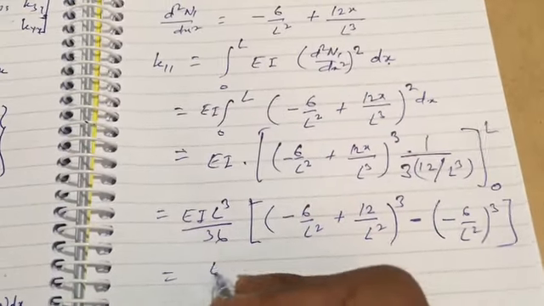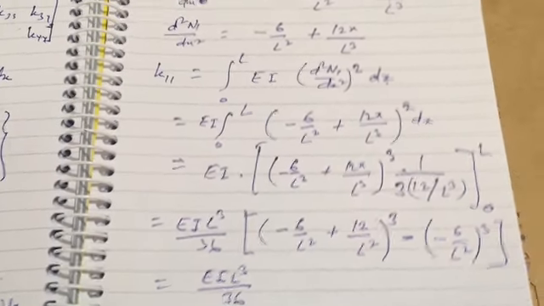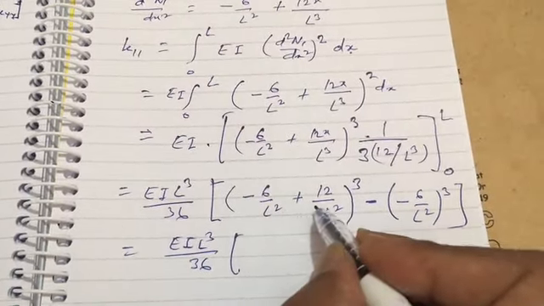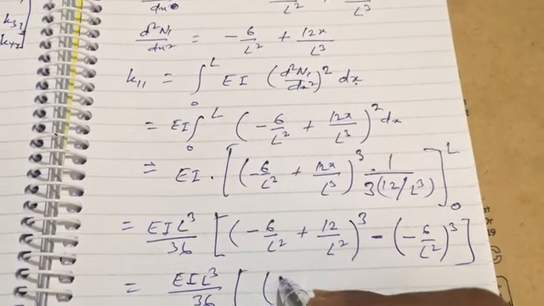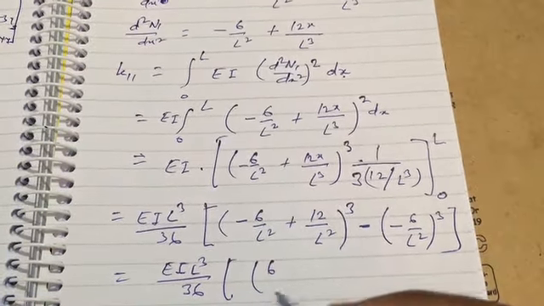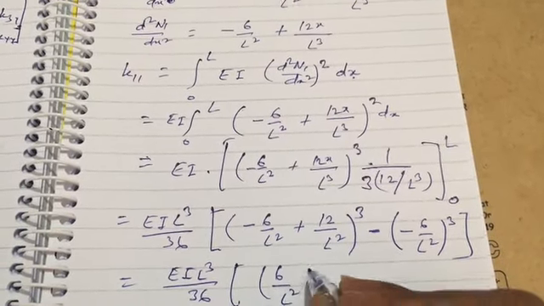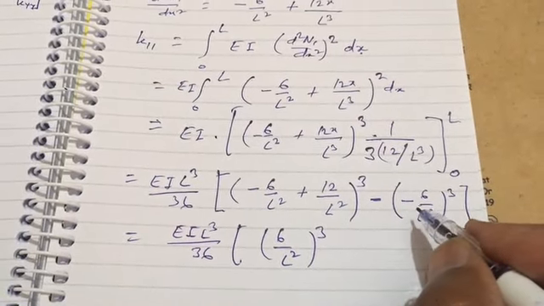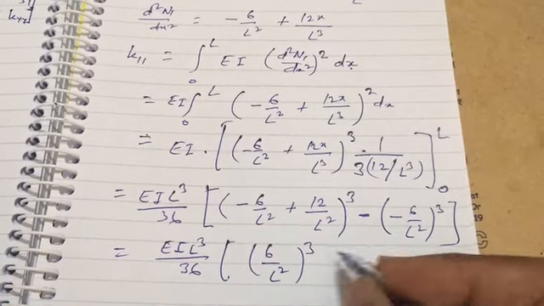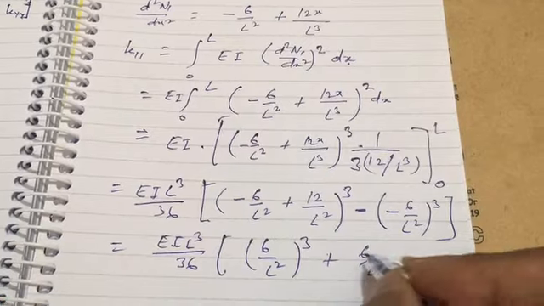So that is equal to EI L cube over 36, and then here we get 6 over L square, cubed, and then minus this becomes plus 6 over L square cubed.